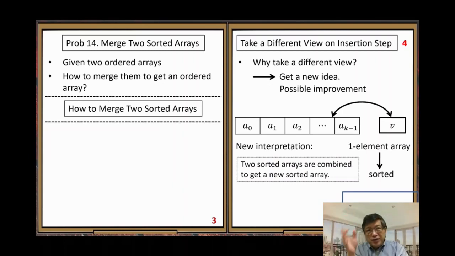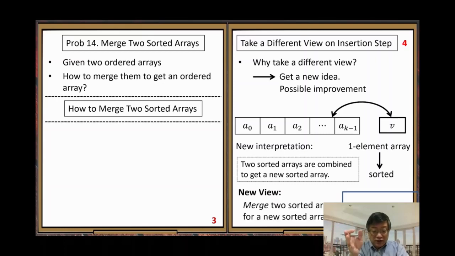So this new view is the merge view. Merge two sorted arrays for a new sorted array. So here you can see the connection. The insertion operation and the merge view are closely related.